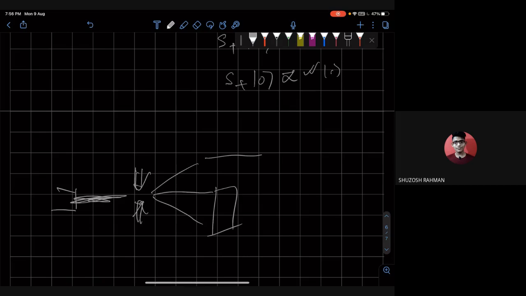This beam has Sz equal to H, and then it goes through another filter which filters the Sx component, and then finally it goes through another filter which has only the minus H component. So what fraction of the original particles goes through the whole setup?